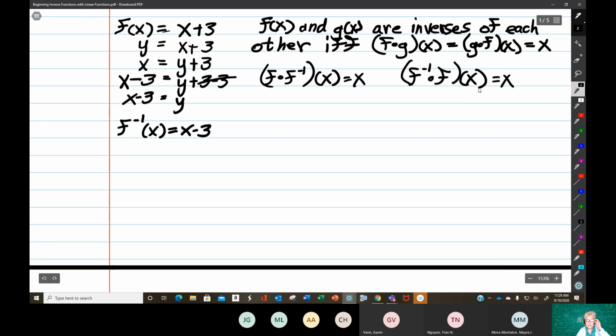So now we're going to do this. Okay, f of x equals x plus 3. We already know that. So f circle f inverse is really f with f inverse inside. That means f inverse of x is going to go in here.